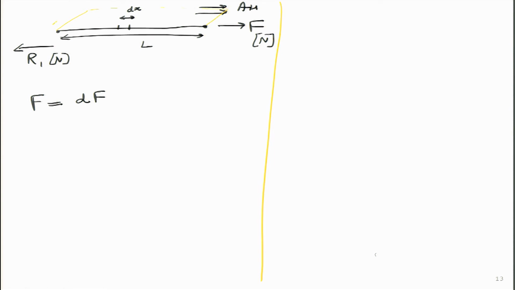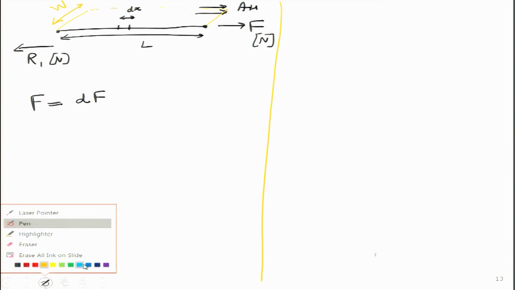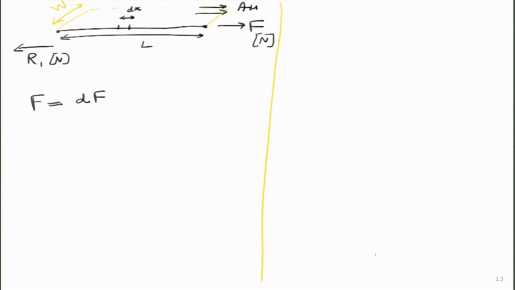So I am just going to assume the width of the plate is some constant w. I will integrate force from 0 to L. So I am integrating dF, then I will get the value of F. This is the frictional force which is taking place over here.